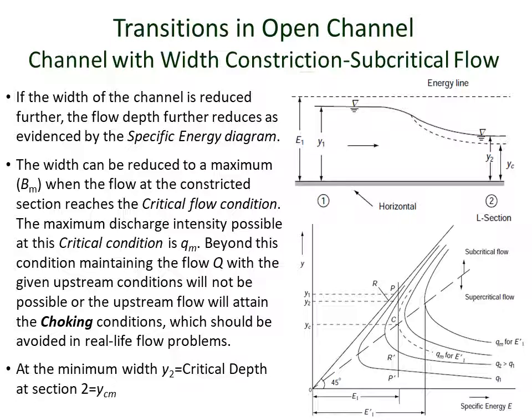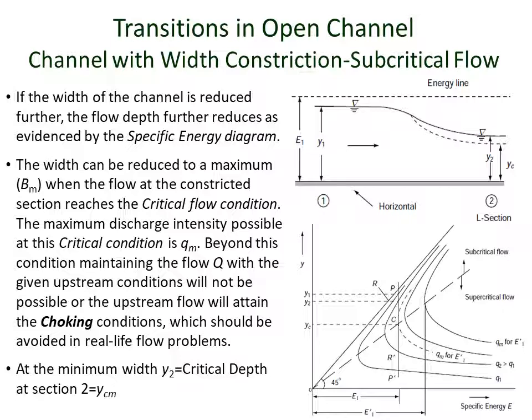So of course, if we go on reducing the width of the channel, the specific discharge intensity increases further. So the curves shift rightward, and as a result, the flow depth decreases further. So this process goes on till we reach the critical flow conditions.